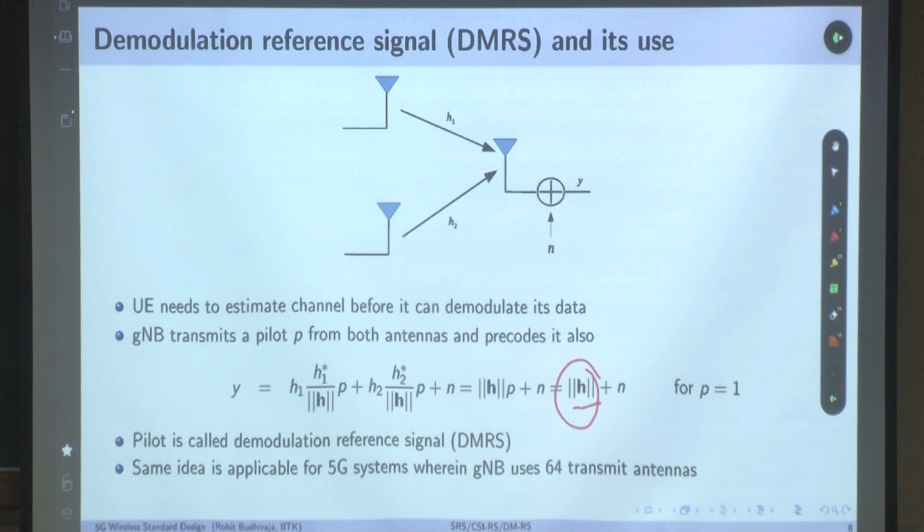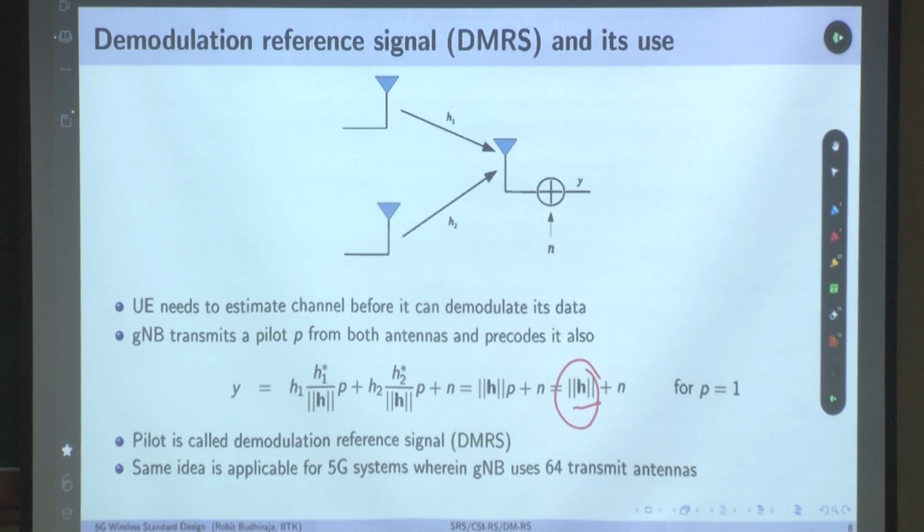Now you could ask me this question. What is happening for CSI-RS and what is happening for DMRS is essentially the same. In the first case also, the UE has this norm of H. In the second case also, the UE has norm of H. What is the difference? The idea is this. We have to understand that the CSI-RS was transmitted initially to get the estimate of the MCS.